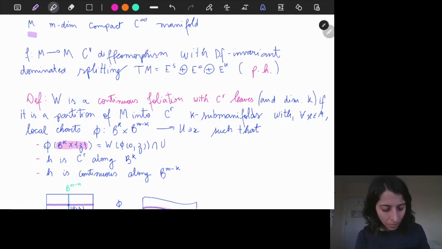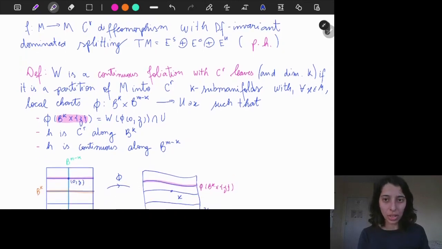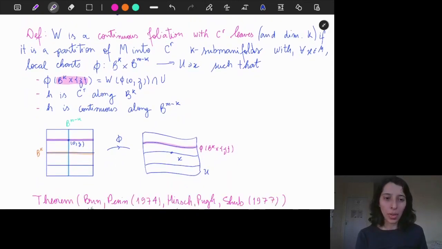And then, what is a foliation in this context? A foliation in our dynamical context is the following. It's a partition of the manifold, so we are in the manifold M, and we make a partition W of this manifold into C^r submanifolds of dimension k.